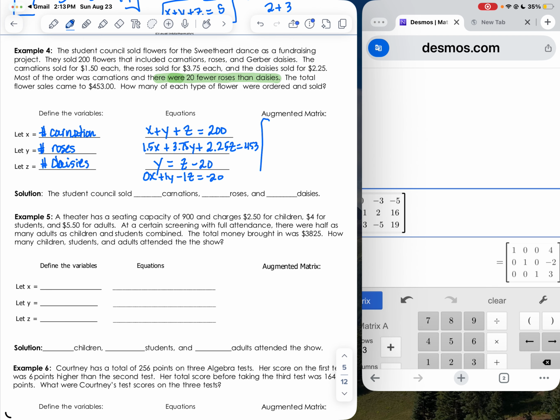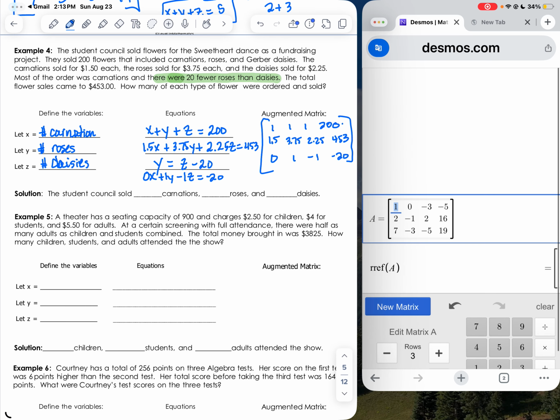All right, now we're ready to set up our matrix. 1, 1, 1, 200. 1.5, 3.75, 2.25, and 453. And then our last row, 0, 1, negative 1, and negative 20.